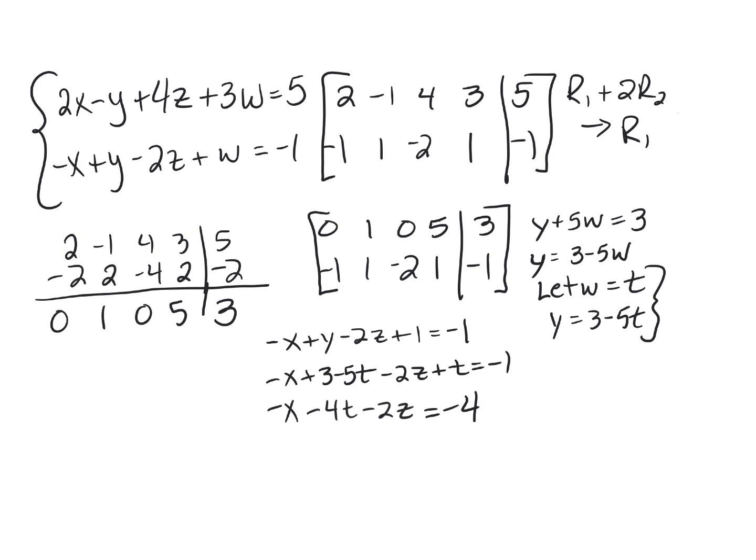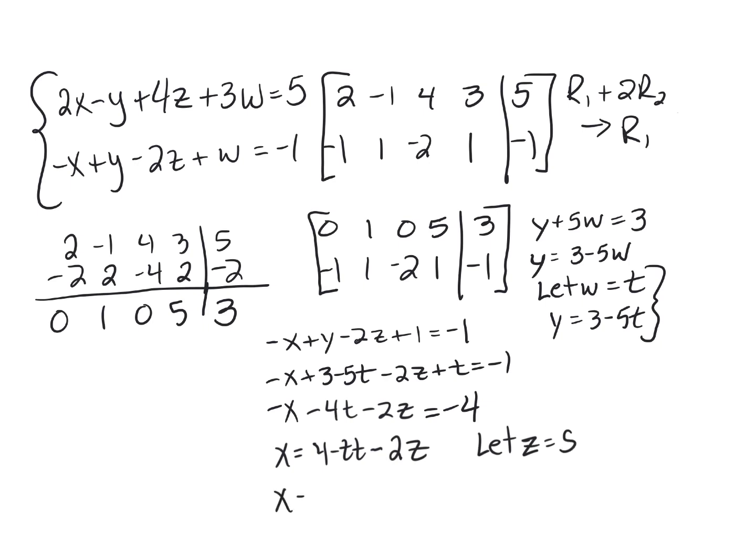So let's see here. I want to, what would be easiest? Let's isolate the x. So x equals, moving it over to the right and adding 4 to both sides, 4 minus 4t minus 2z. So in this case, I have to introduce a second parameter. I'm going to let z equal s.